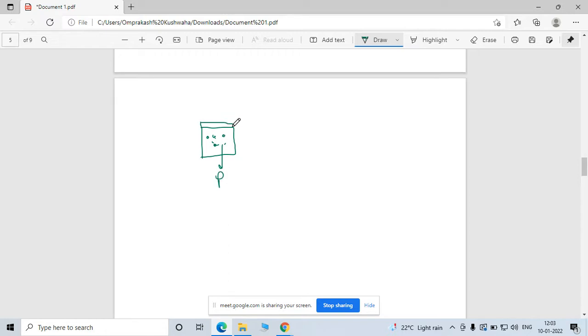In the upper layer is the N-type substrate. The P-type substrate is larger and the N-type is smaller, and between them is the forbidden gap, or you can say the depletion layer. There is a shortage of charges in the depletion layer, or neutral charges are present between them.